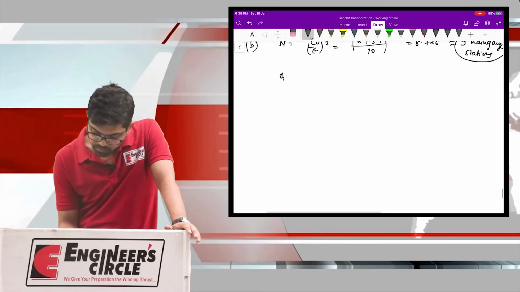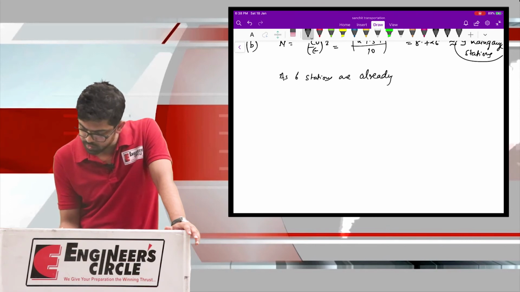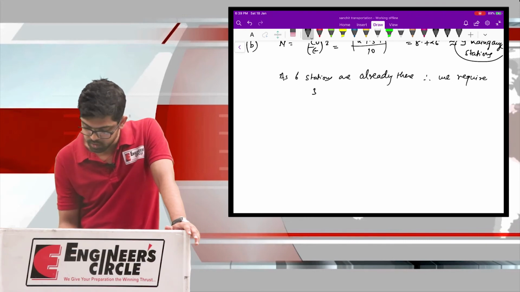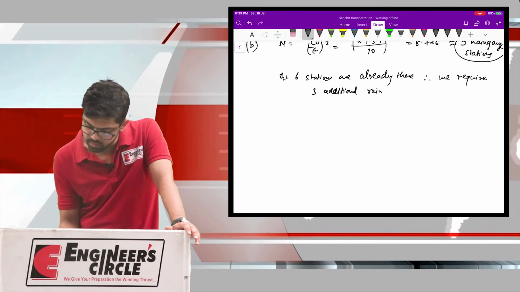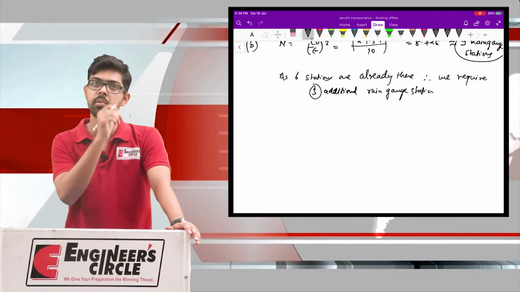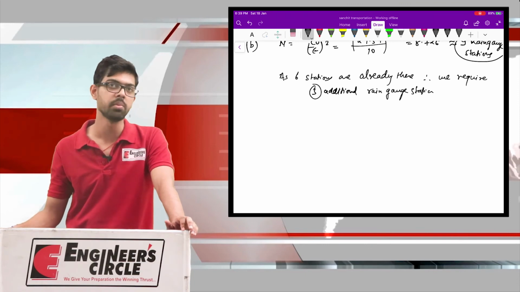As 6 stations are already there, therefore we require 3 additional rain gauge stations in order to make the total number of rain gauge stations 9.